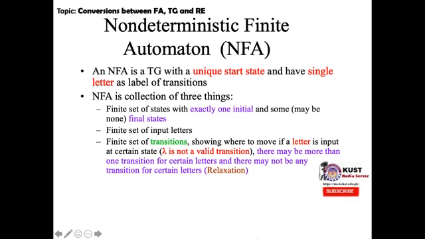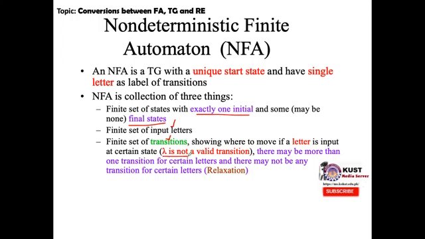So the definition of NFA is given. An NFA is a collection of three things: a finite set of states having exactly one initial and some, maybe none, final states; a finite set of input letters; and a finite set of transitions showing where to move if a letter is input at a certain state.